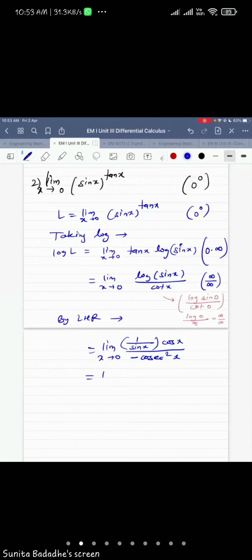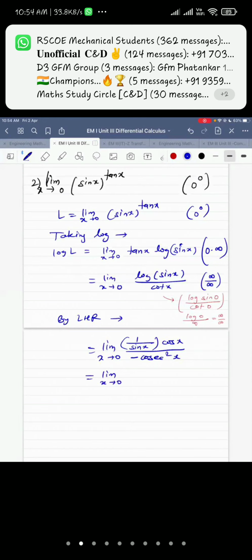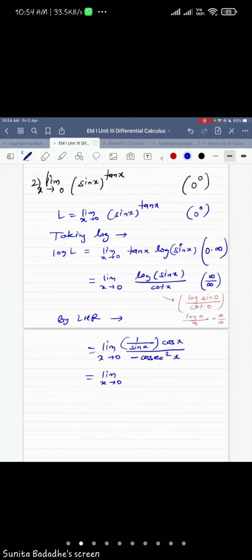So this is limit extending to 0, right? And then we'll write down the term cos 0 is 1. So are we getting 1 by 0 as the form? Let us write it properly now. So it is cos x upon sin x, and minus sign is there, and this will be sine square x, isn't it?